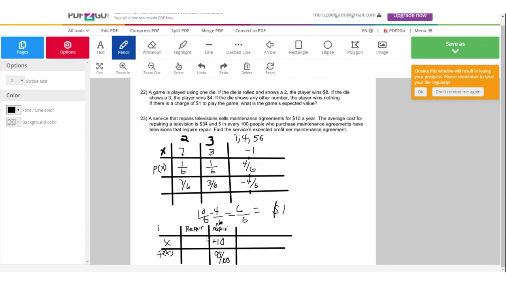All right. So the average cost for repairing is the negative 34, because this is from the company's vantage point that's selling the warranty. I should have fixed it up where I was going this way, but so negative 34 times 5.